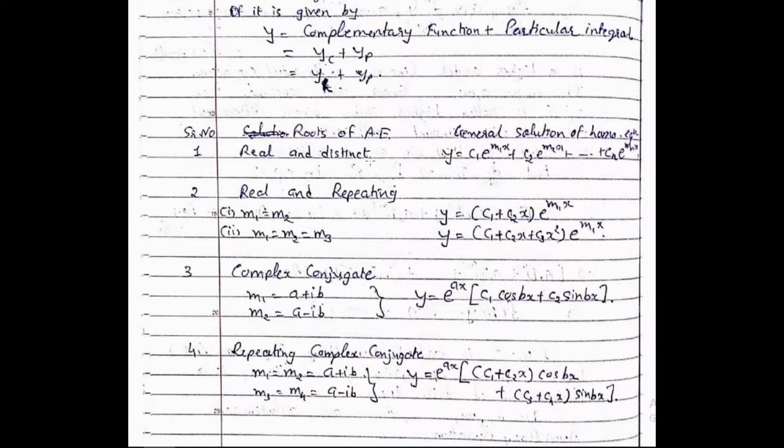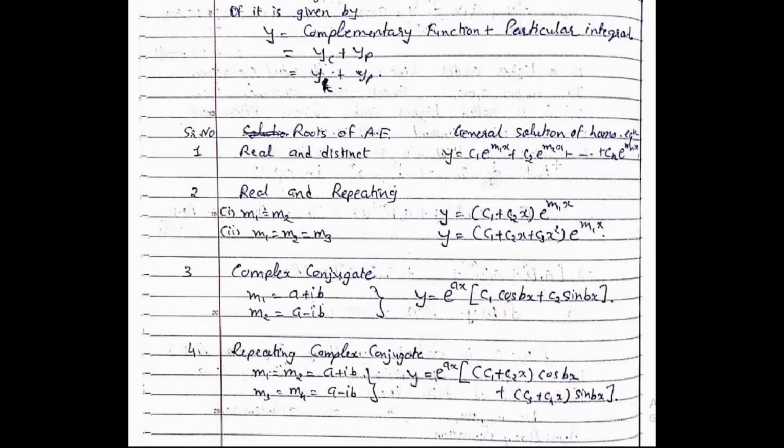If the roots are real and distinct, that means whatever the values of m1, m2 up to mn, they are real and distinct, then the general solution is given by y equal to c1 e^(m1 x) plus c2 e^(m2 x) plus up to cn e^(mn x). That means you have to multiply each root by x and write it in the power of e and give them constants c1, c2 up to cn.